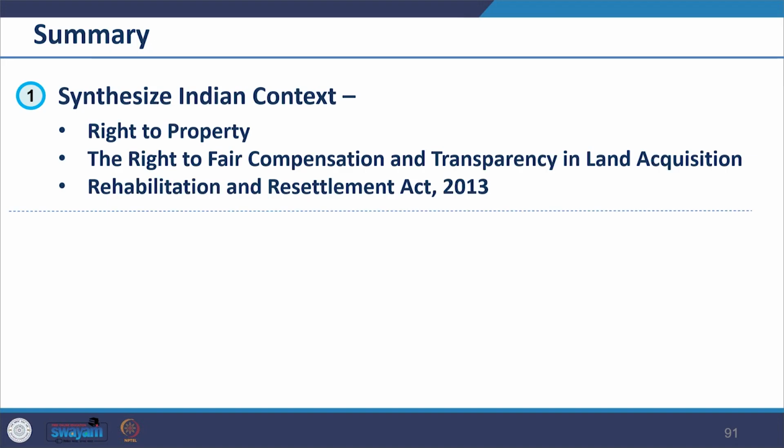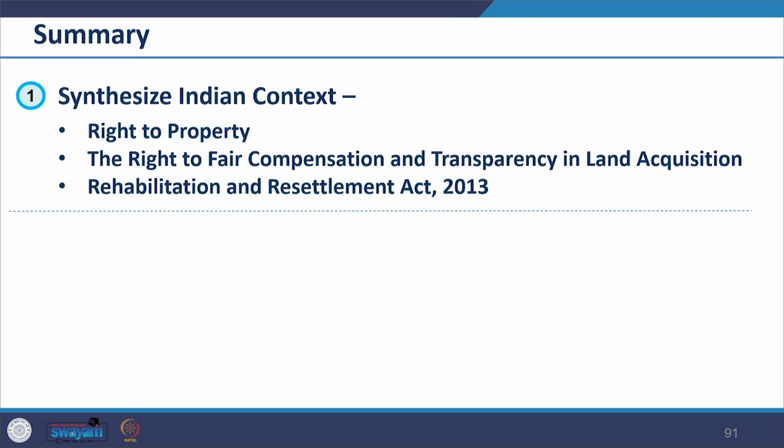So summarizing what we learned from this particular section, we learned about the Indian context, and prior to that we had seen different concepts. We had seen the international institutions' guidance, what kind of guidance they are giving, and what is the general pattern at the global level.